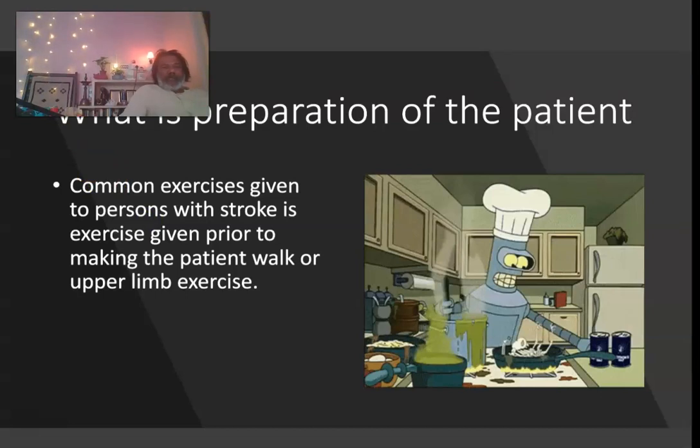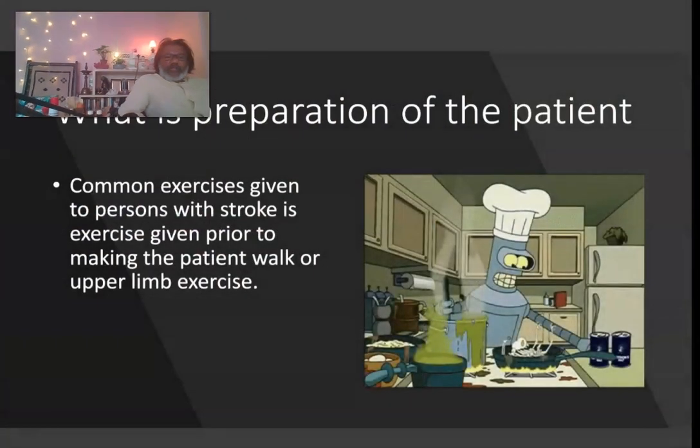Now, before starting any functional exercise, a lot of people tend to do preparatory techniques to reduce a lot of things or improve a lot of things. Those things are called preparation of the patient, right?